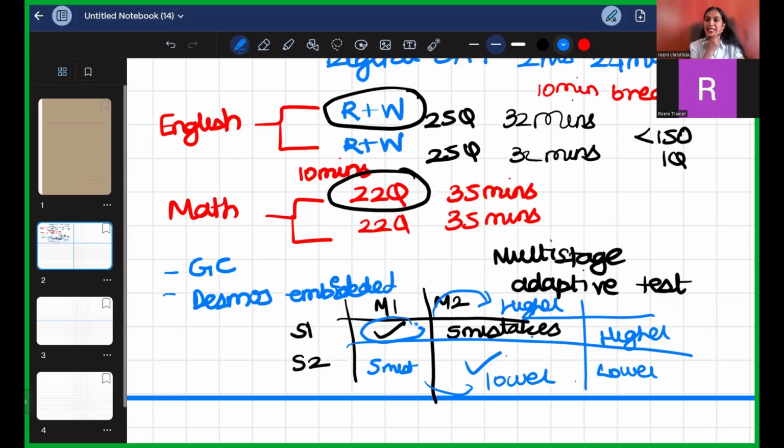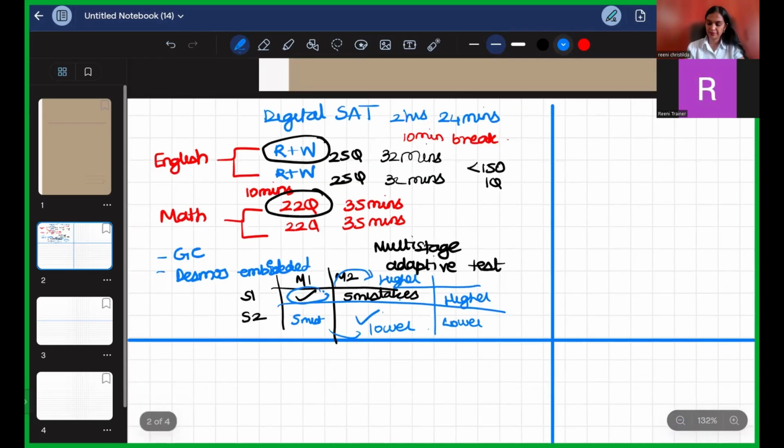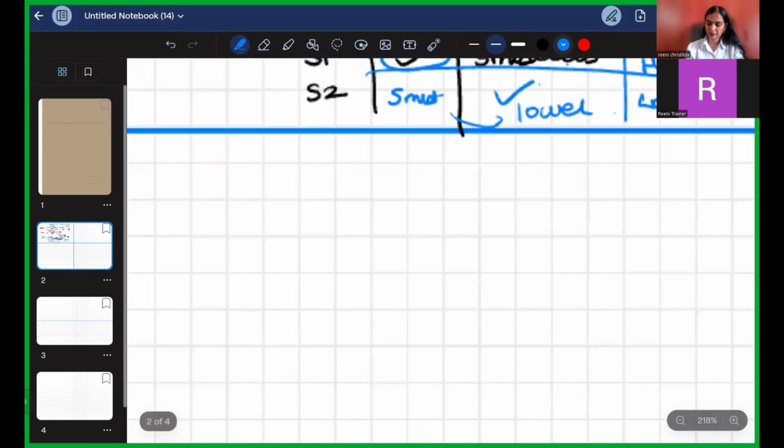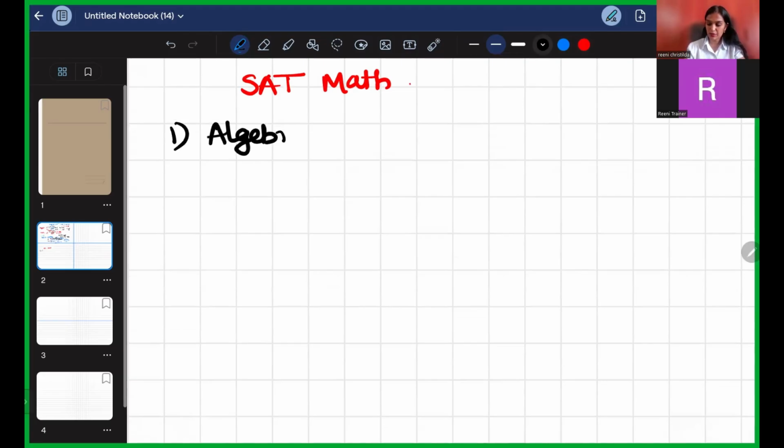So now let's go to the SAT math syllabus. SAT math is divided into 4 topics. The first is algebra. These names are given by the College Board itself. And what is covered in algebra?